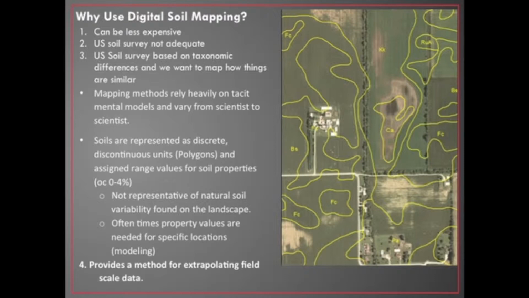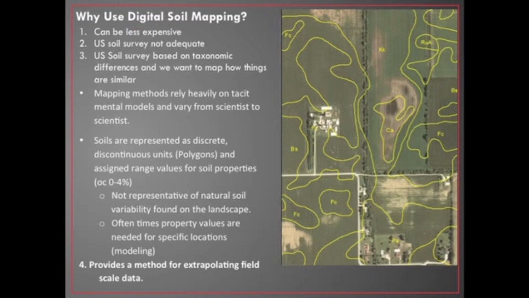Also, U.S. Soil Survey was done based on the taxonomic differences, and instead we now want to map how things are similar. The mapping methods used for traditional soil survey relied heavily on these tacit mental models of soil scientists. And once we lose those soil scientists, we lose the methodology, that black box model that went into making them. Also, the soils are represented as these discrete, discontinuous polygons.